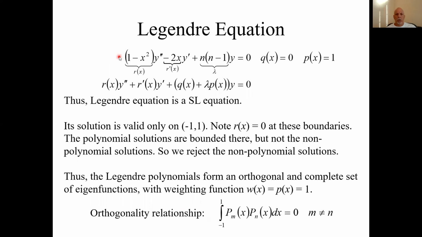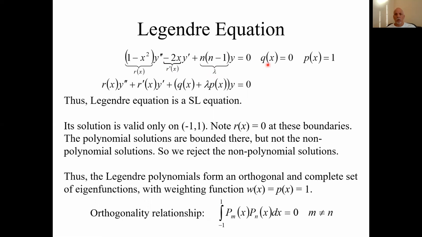Here's the Legendre equation. If this up front here we call R of x, what's its derivative? Minus 2x, right? And that's what's there in the Legendre equation. So the Legendre equation is already in Sturm-Liouville form, where n times n plus 1 plays the role of lambda.